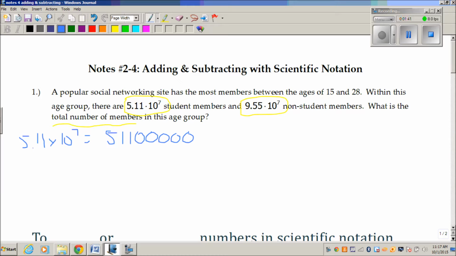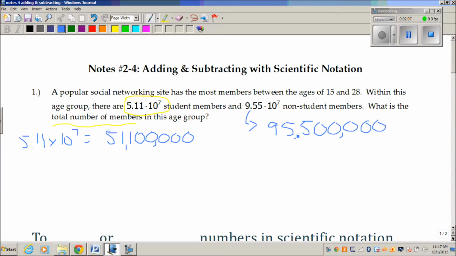And if I do the next number, 9.55, this number will be 1, 2, 3, 4, 5, 6, 7. So in order for me to add them together, I have to line up the same place values and add them together.